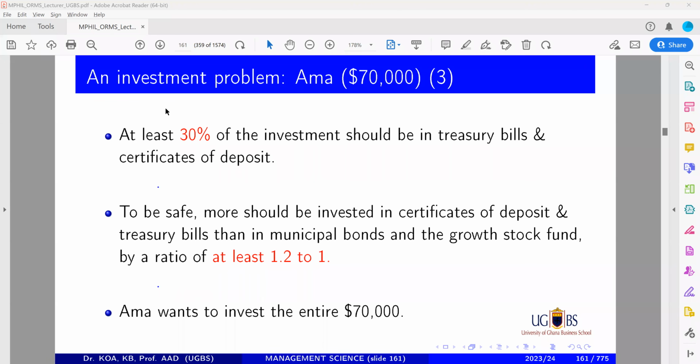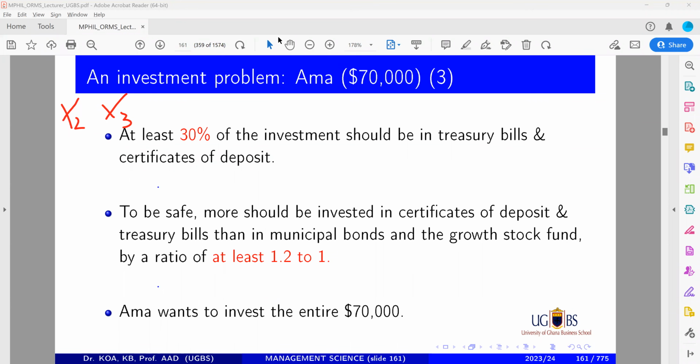Walk us through some key elements first. So what we should be looking at is the treasury bill and the certificate of deposit and what is being represented. The certificate of deposit is represented by S2, and the treasury bill is represented by S3. Then we also look at the constraint.